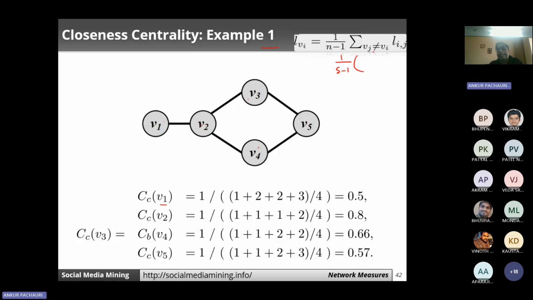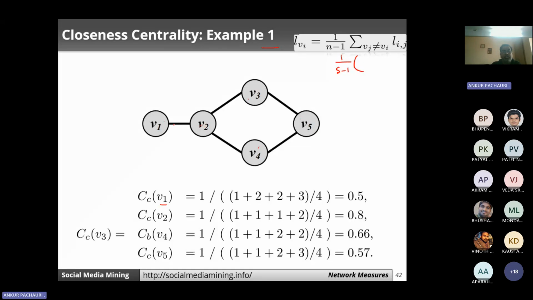Now the sum of all the paths, provided that if I'm working on v1, the endpoint of that path should not be the same node. That means I should not work on the self loop. So v1 to v2, what is the size of the shortest path?